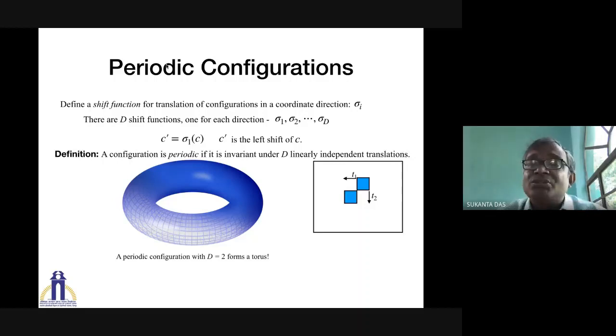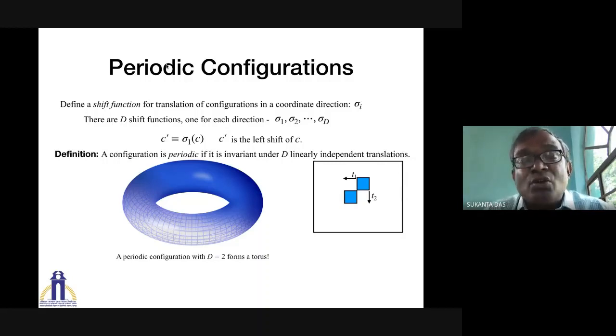As if you take an A4 sheet and glue the opposite edges, then you can get this kind of shape. That's the meaning of a periodic configuration.